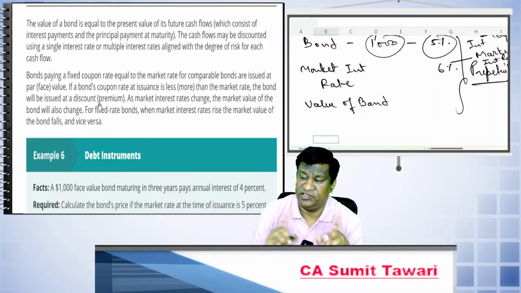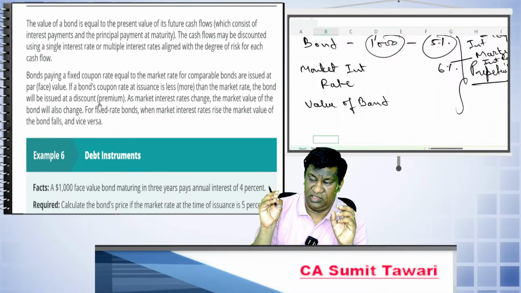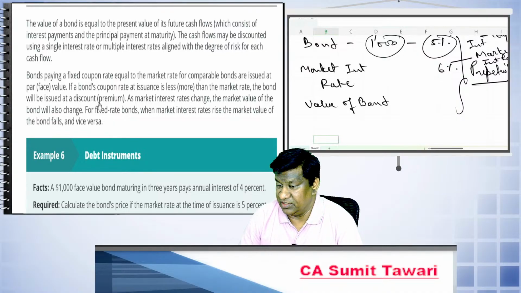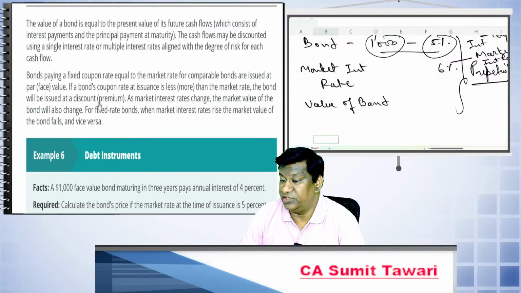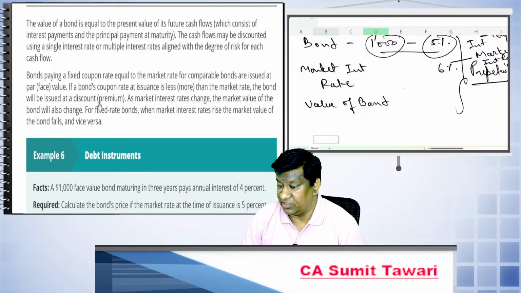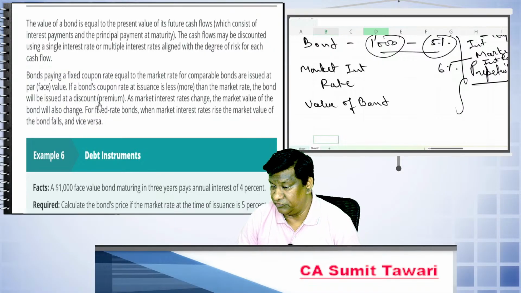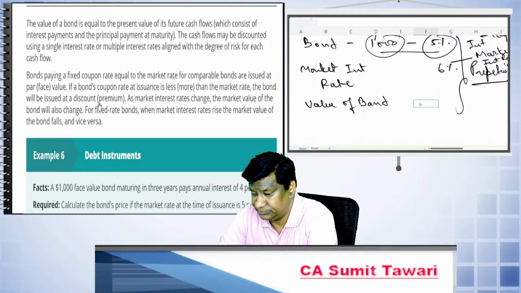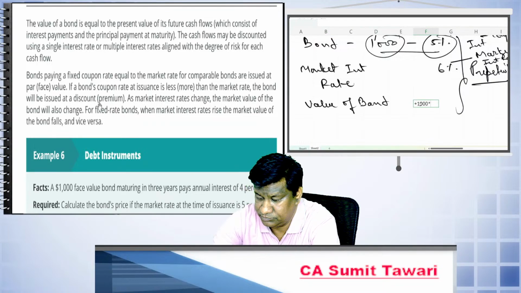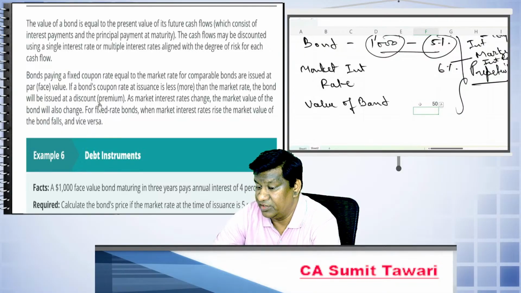I'm just correlating with the situation so that you can recollect the concept and memorize the concept. Okay. See, in case of the bond, there is no question of the growth model. So we need to use the zero growth model. Okay. So what is basically the cash flow in this situation? 1000, 5% of 1000, okay, 50.